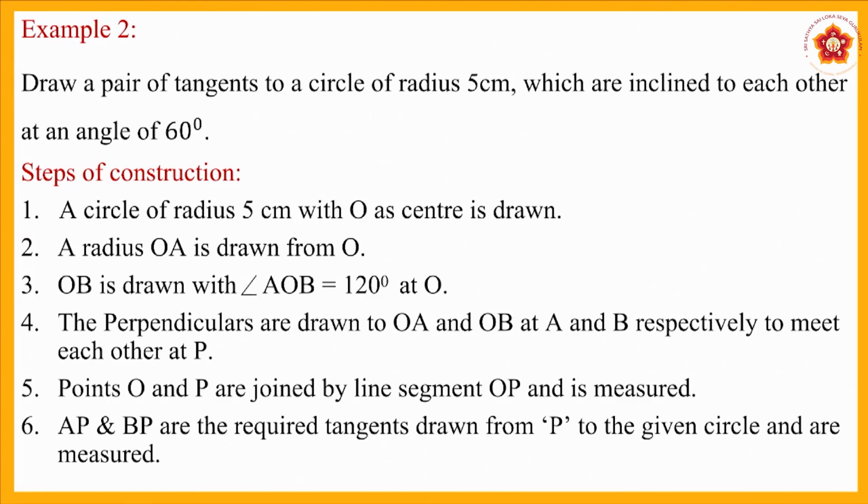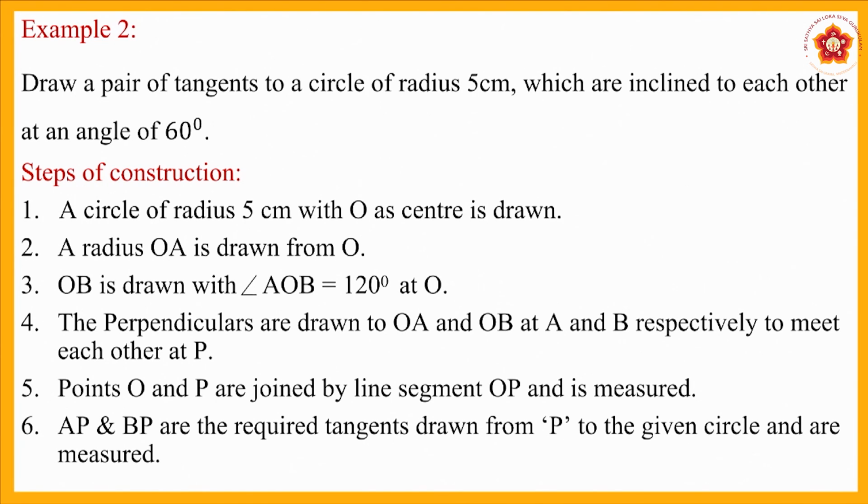Now I will tell the steps of construction once again. A circle of radius 5 centimeters with O as center is drawn. A radius OA is drawn. OB, another radius, is drawn from O with angle AOB 120 degrees.